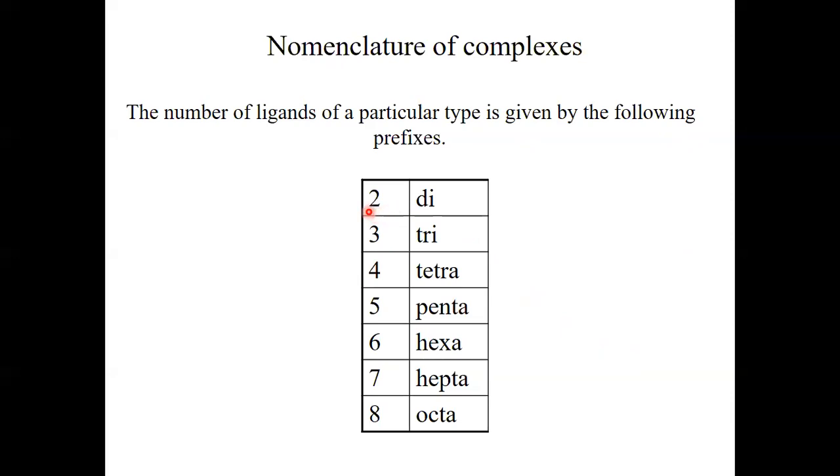So if we have 2, then we use the prefix di. We have 3, we use the prefix tri. If there are 4, we use the prefix tetra. If there are 5, we use the prefix penta. There are 6, we use the prefix hexa. There are 7, we use the prefix hepta. For 8, we use octa and so forth.